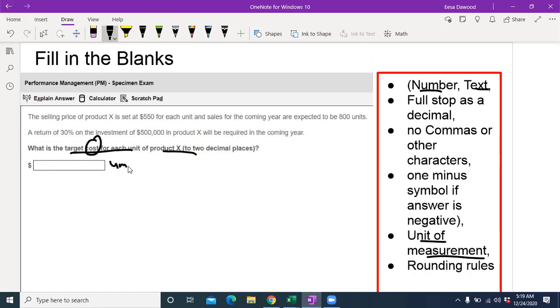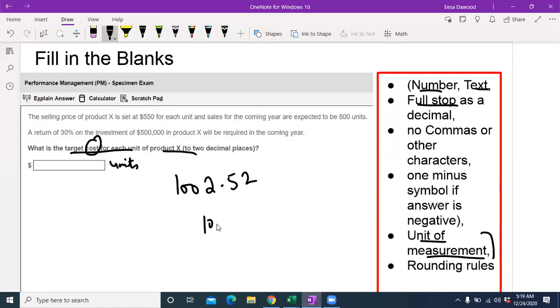At times you need to calculate units, at times you need to calculate cost. So you need to know what the unit of measurement is there, and what is allowed. For example, the answer is 1002.52. For decimals, you will use the full stop, that dot, as a decimal.